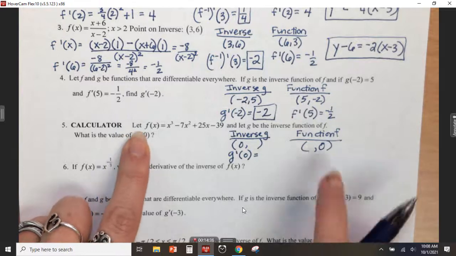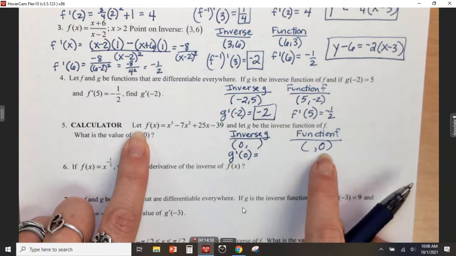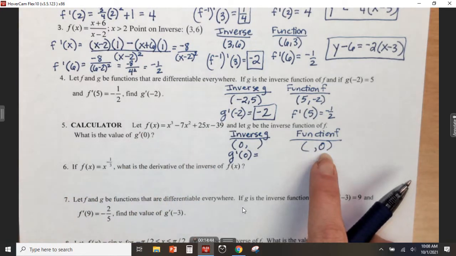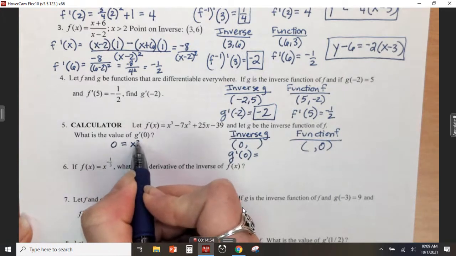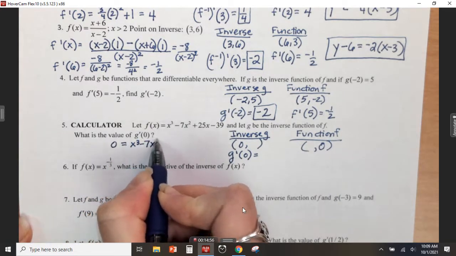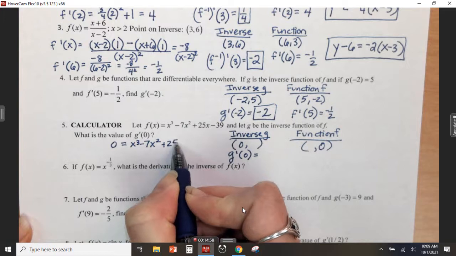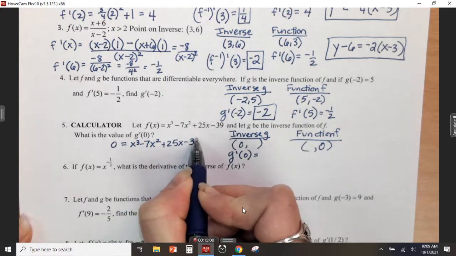So if I set that function equal to 0 as like the y equals for it, then I can solve for x. And that's why this one is a calculator problem, because they don't want you to solve that by hand. They want you to use the calculator to solve that. So I'm going to say 0 equals x cubed minus 7x squared plus 25x minus 39.